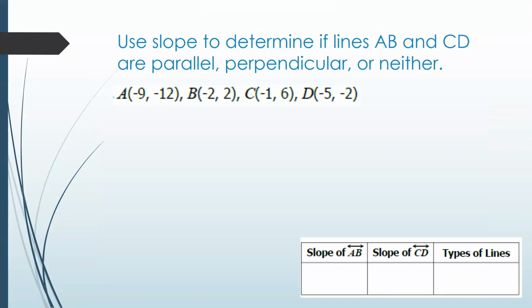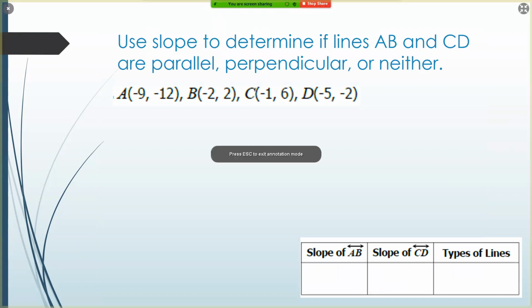So for these, we're going to use our slopes to determine if lines AB and CD are parallel, perpendicular, or neither. So first thing, I should have written this on there, but I didn't. To find the slope is just m equals y2 minus y1 divided by x2 minus x1.